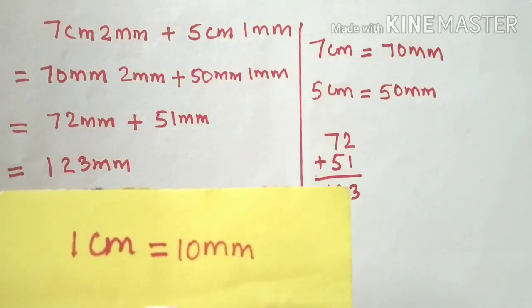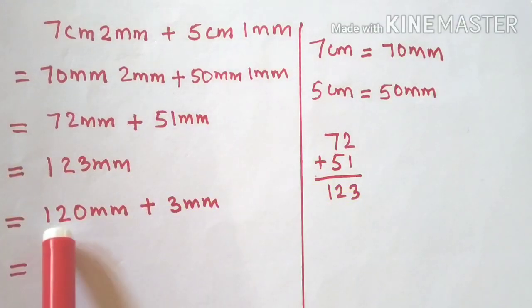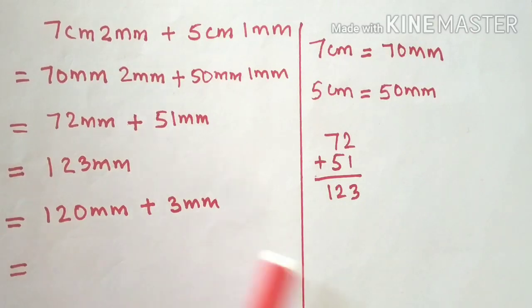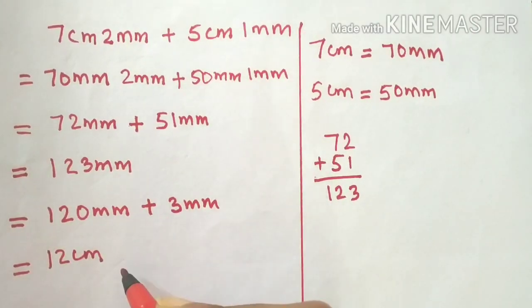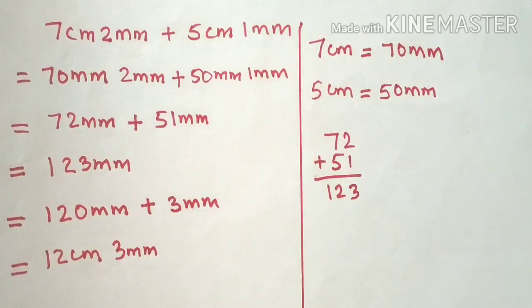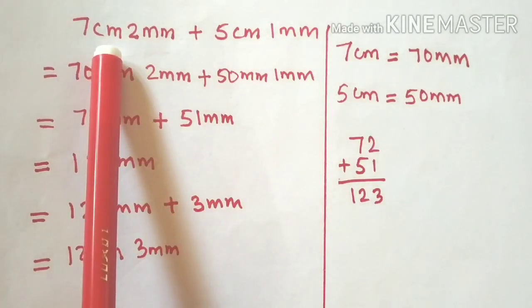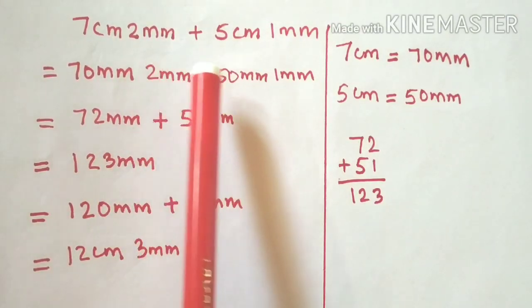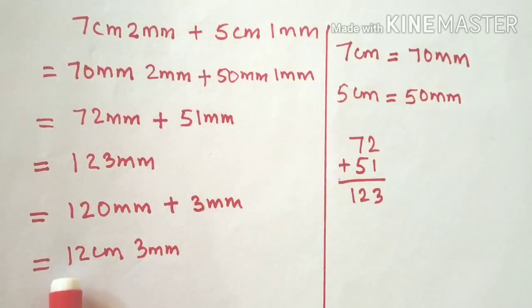Now since 10 millimeters is equal to 1 centimeter, 120 millimeters will be equal to 12 centimeters and 3 millimeters will remain the same. So when we add 7 centimeters, 2 millimeters and 5 centimeters, 1 millimeter, we get 12 centimeters, 3 millimeters.